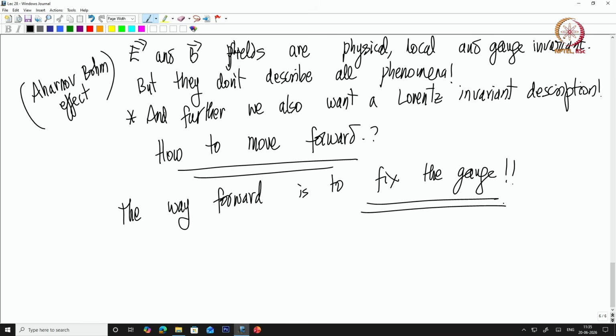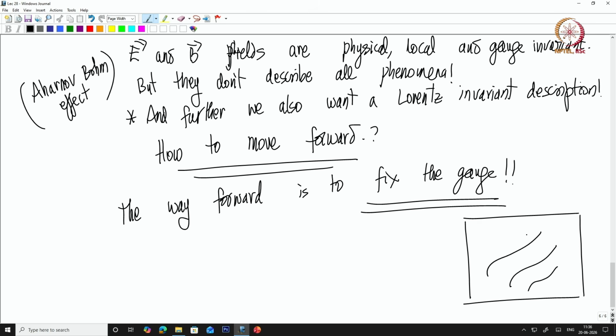That means, okay, there are several gauge choices, meaning the gauge parameter can take a large number of values. So you can think of gauge orbits, meaning the gauge fields can take any parameter.